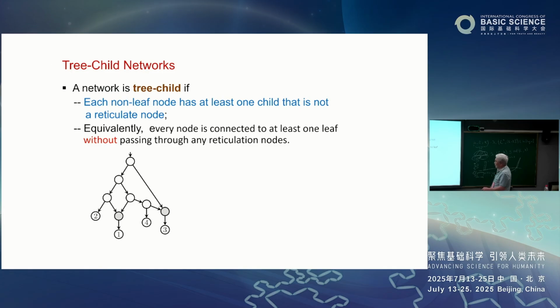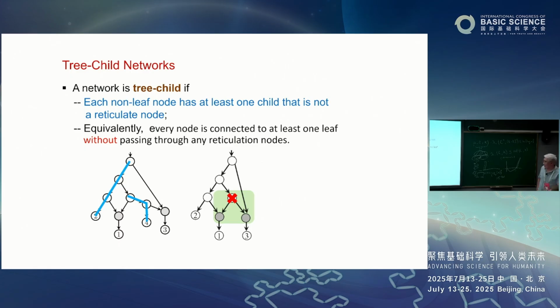Equivalently, this implies every node is connected to at least one leaf without passing through any reticulation node. For example, we can reach this leaf through this path, and from this node we can reach this one, avoiding this. So this is the property.